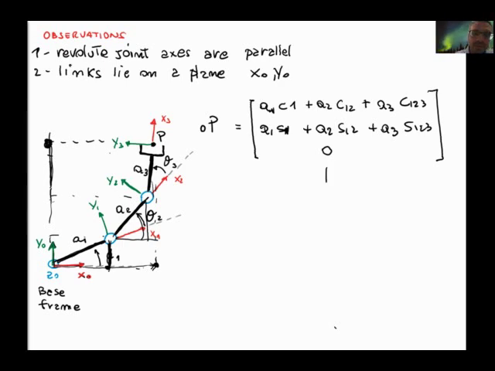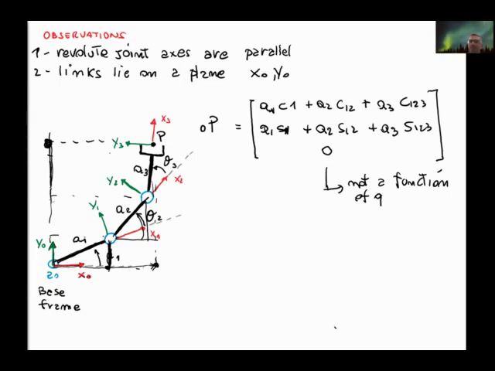And we see here that this variable is not a function of q. The same as in the SCARA robot, where we had a fixed orientation for some direction, here we have a fixed z coordinate that we cannot change with our joints.